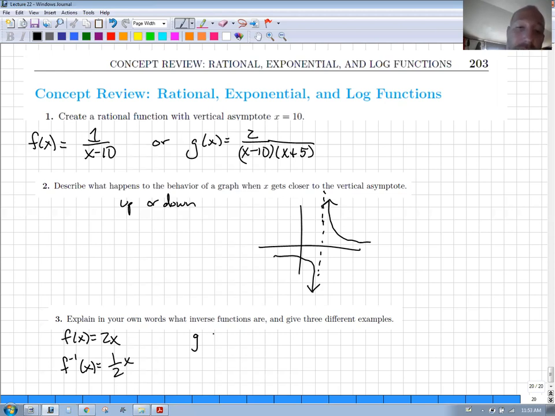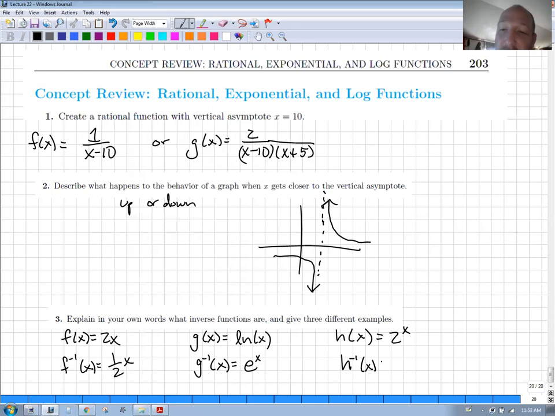Or if I had natural log, the inverse would be e to the x. Or if I had 2 to the x, its inverse would be log base 2 of x.